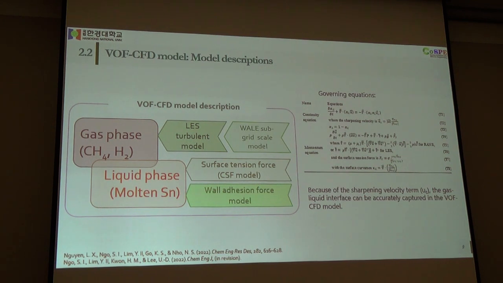The reason why we use VOF here is that, with the sharpening velocity term in this equation, we can capture the surface of the bubble accurately compared with the earlier or other approaches, because our interest is in the interface between the gas and liquid.